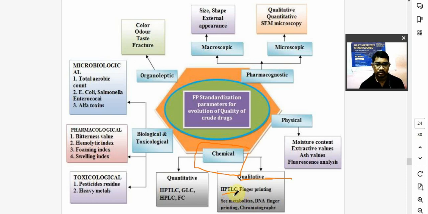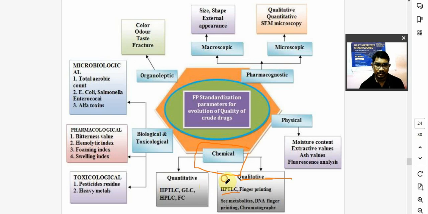The detection of that spot or band is done in one chamber, which is 10 centimeter. In HPTLC this is the visualizer, 10 centimeter. A question has come on this.